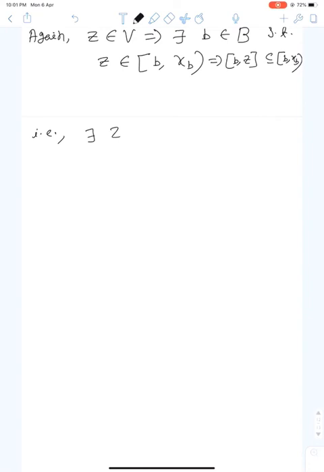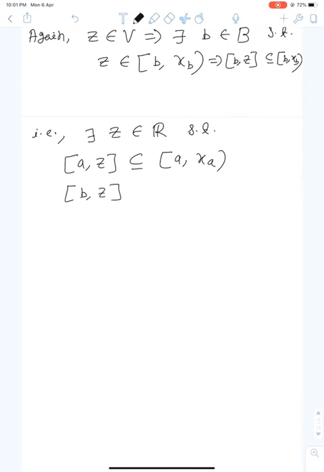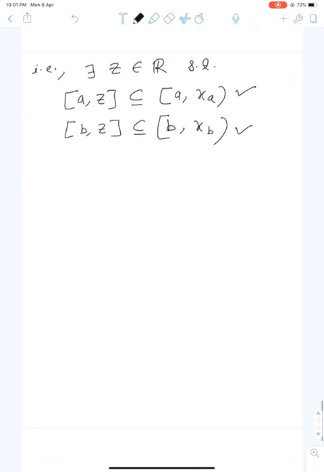There exists z in R such that [a, z] is a subset of [a, x_a) and [b, z] is a subset of [b, x_b). And we know that this one intersect B is empty, and this one does not intersect A, right?